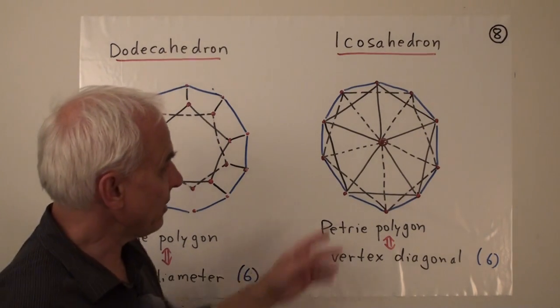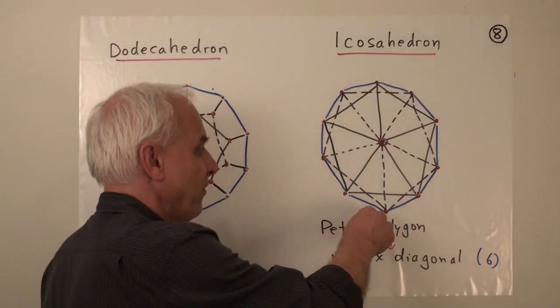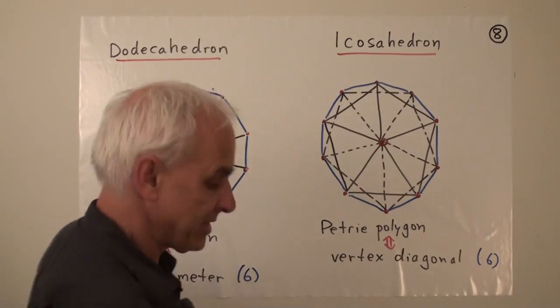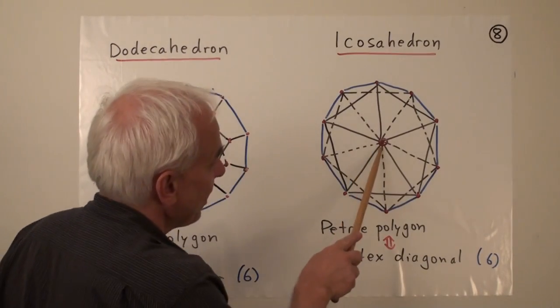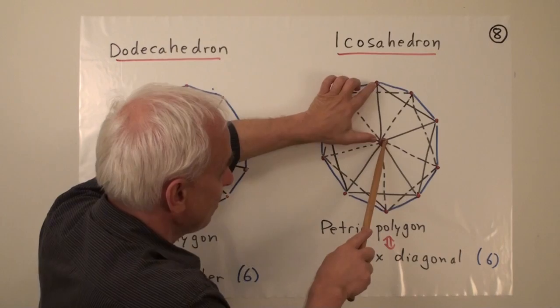And these things here are the polygons that are on the side. And for an icosahedron, the story is a little bit similar. You also get, for the Petrie polygon, a decagon as the boundary. In this case, what you're seeing here is a vertex, that's the vertex close to you, and then there's 5 triangular faces.